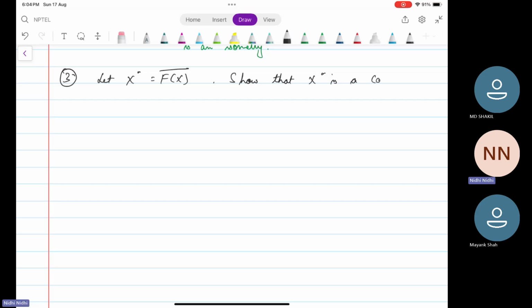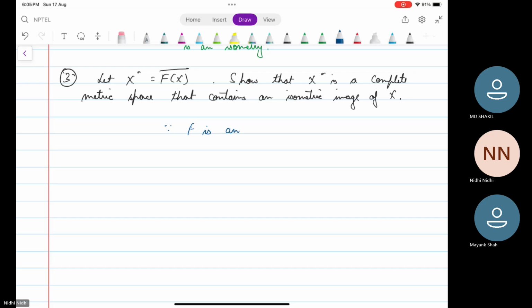a complete metric space that contains an isometric image of X. Now, since f is an isometry, f(X) is an isometric image of X. And f(X) is clearly a subset of f(X) closure, which is equal to X star.